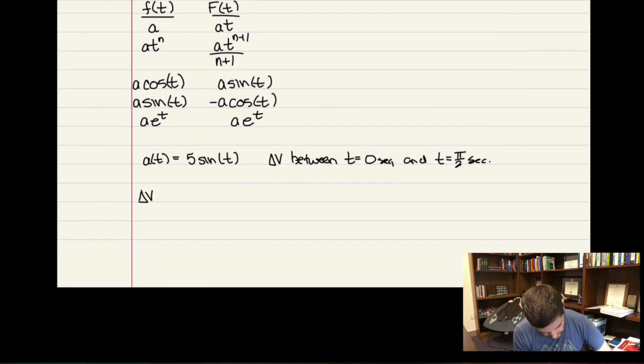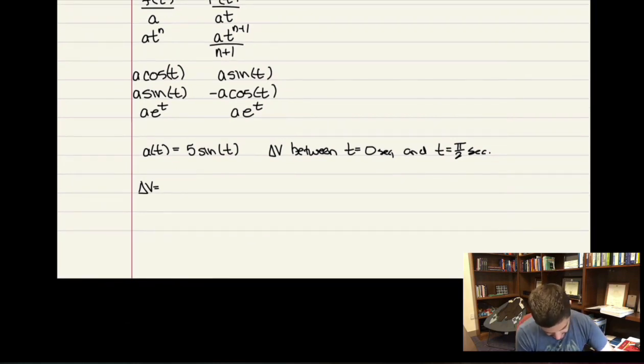Well, I know that by physics definitions, the change in velocity is then the integral between 0 and pi over 2 of 5 sine of t dt.